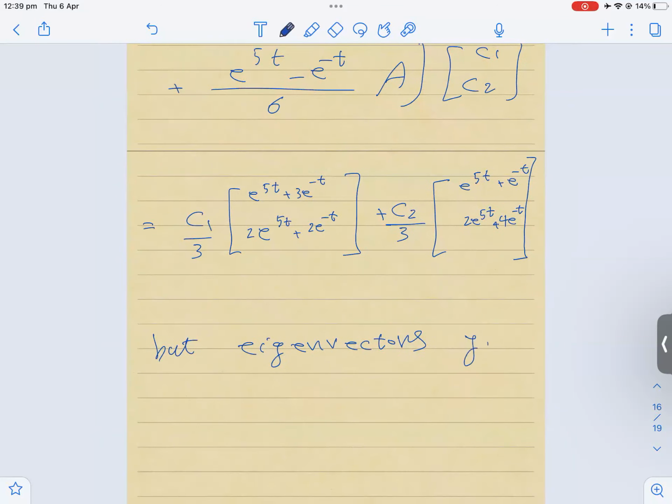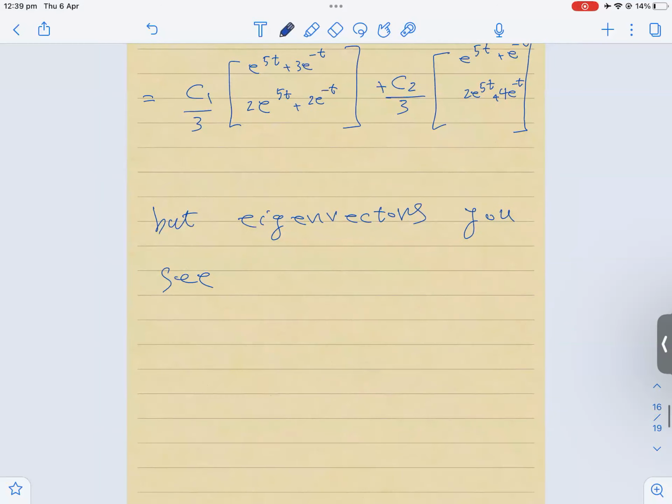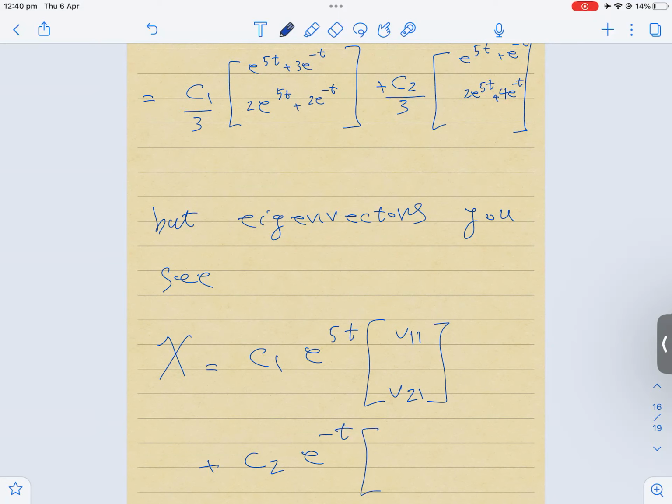But if you do eigenvectors, you see big X will be C1 e to the 5t, V1 1, V1 2, plus C2 e to the minus t, V2 1, V2 2.